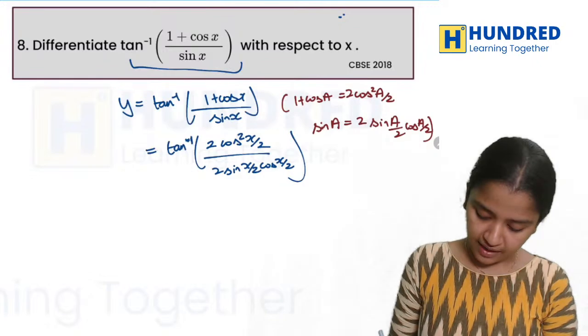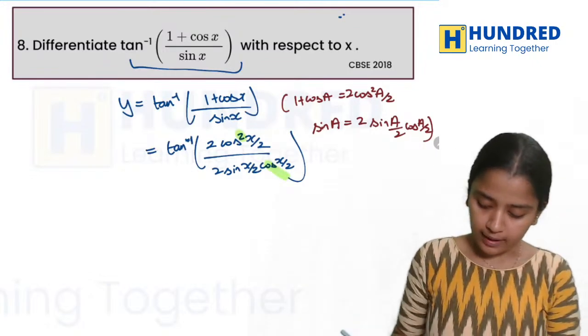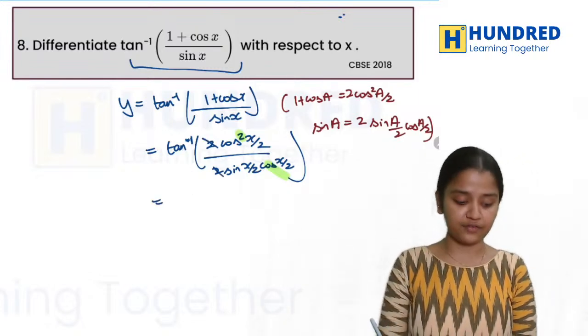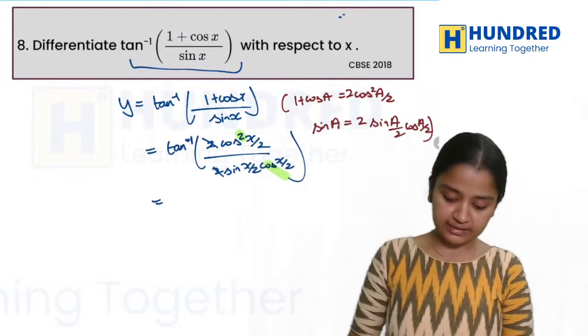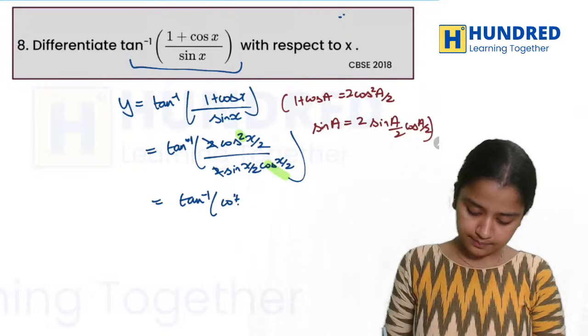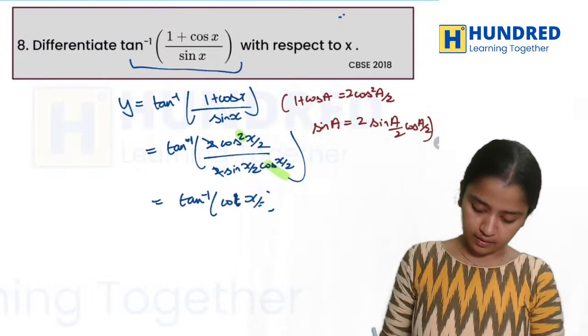This will get cancelled, and again this and this get cancelled. So on top you'll have cos, and below you'll have sin. So it will be tan inverse of cot x by 2.